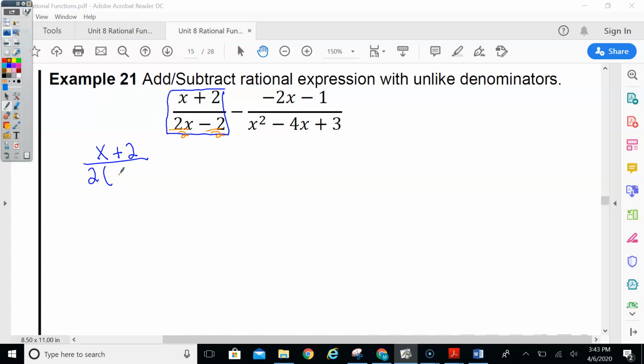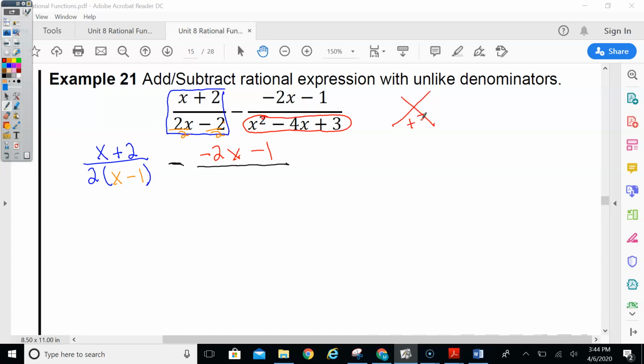2x divided by 2 is just x. Negative 2 divided by 2 is negative 1. So you always want to factor out GCFs if possible. And then over here we have minus. We're going to leave this one as negative 2x minus 1. But the denominator here, we're going to need an x for that one.